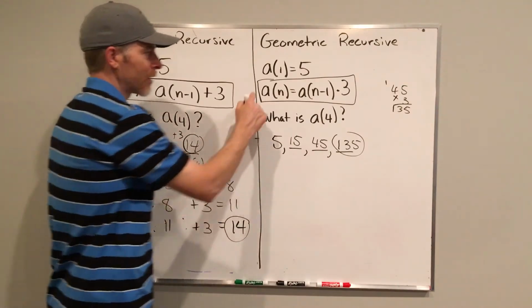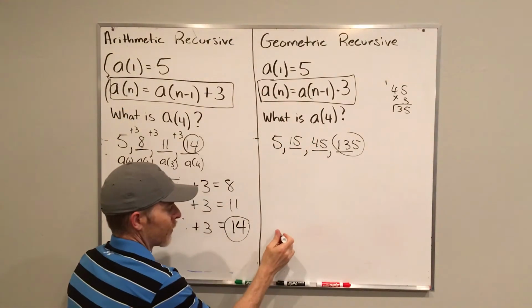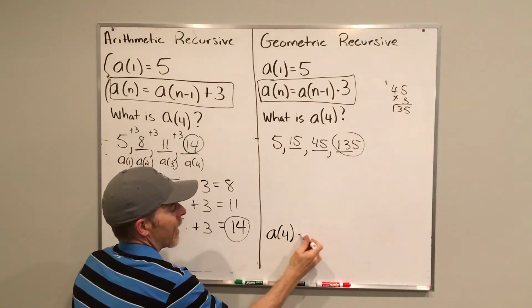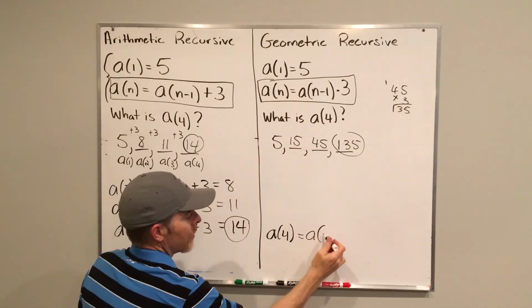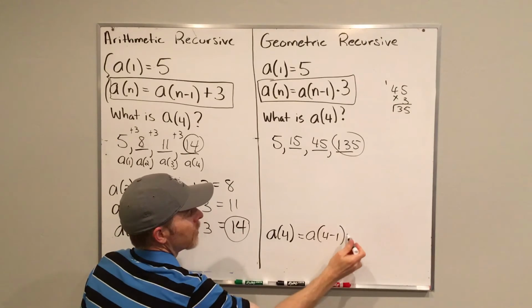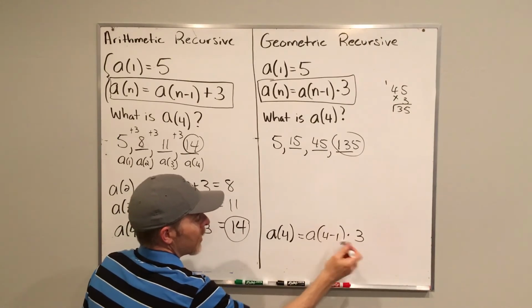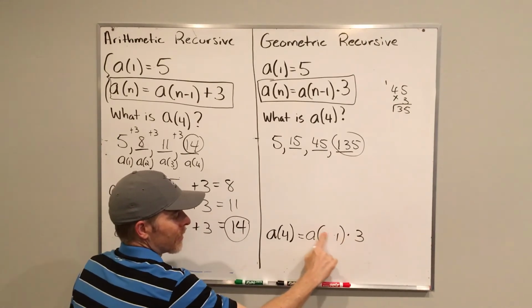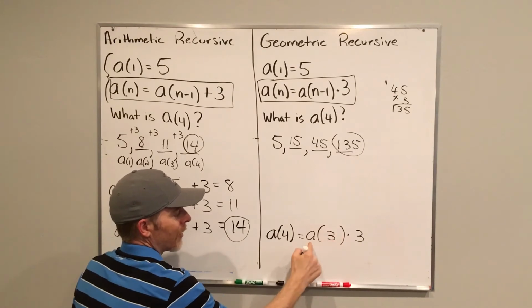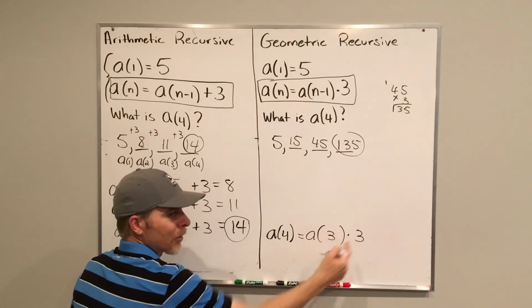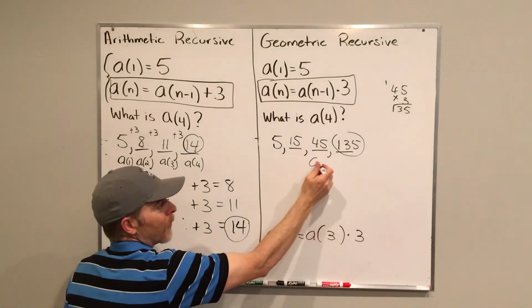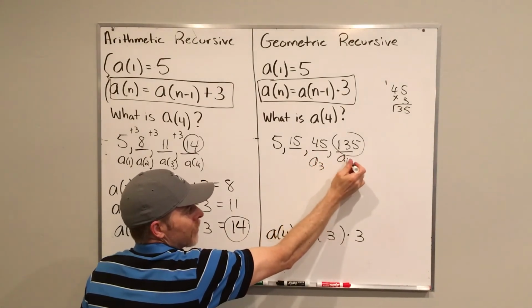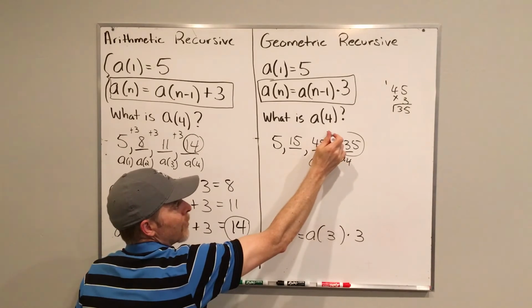If I want to know the fourth term, I have to use the recursive formula, a of 4 minus 1 times 3. So in other words, 4 minus 1 is 3. I'm going to take the third term and multiply by 3, because that's how we got from the third term to the fourth term, we multiplied by 3.